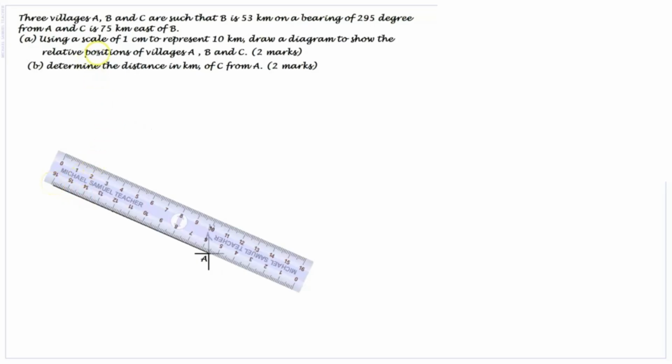Then from there, B is 53 km from A, and therefore using the scale drawing, 50 km divided by 10, we have 5.3.